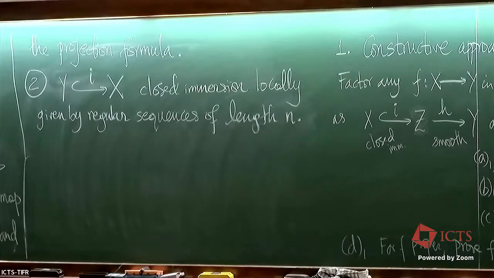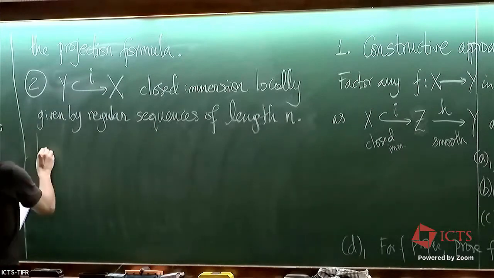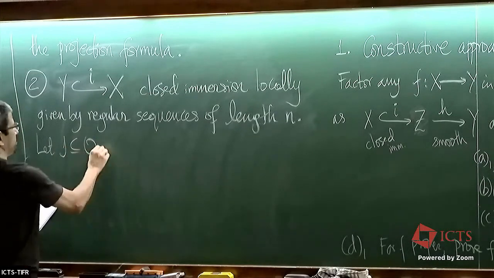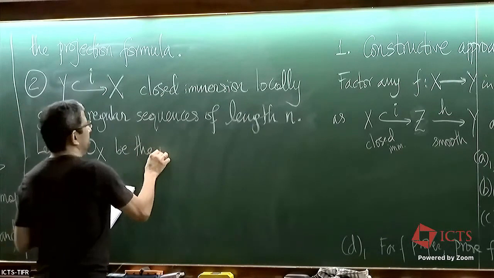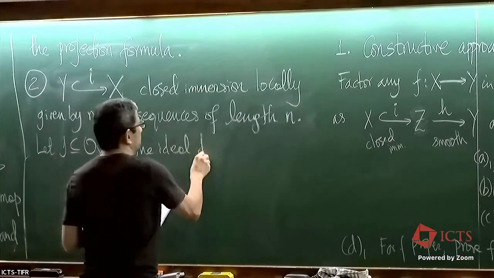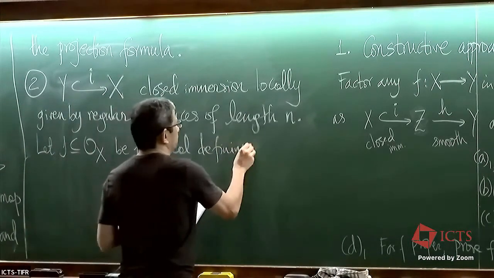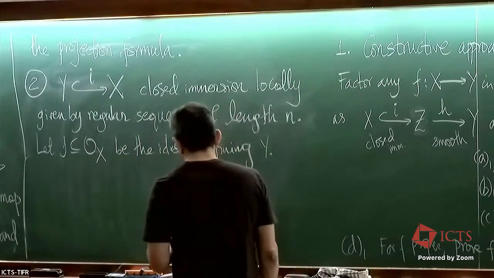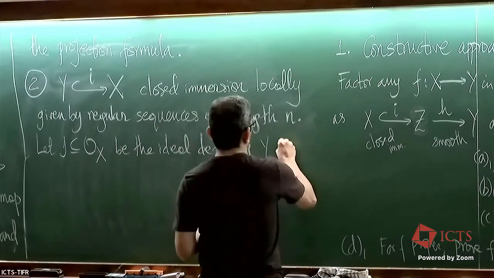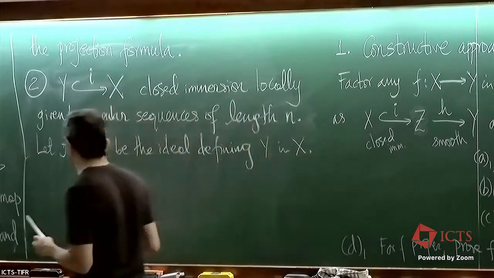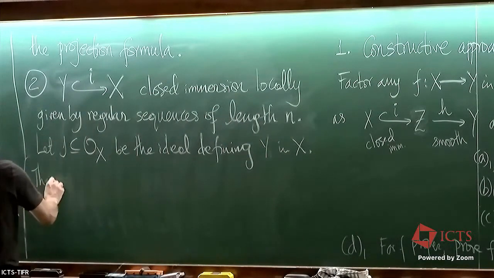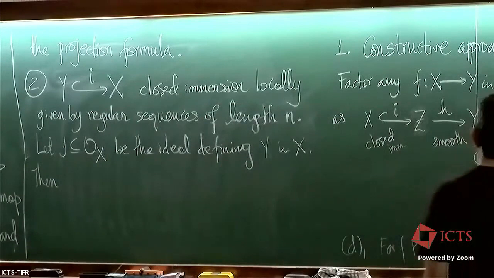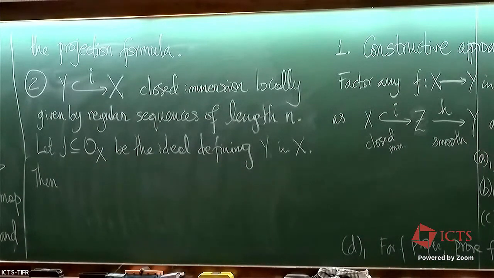So let I in OX be the ideal defining Y in X. Then we already had an explicit formula for the right adjoint to lower star.